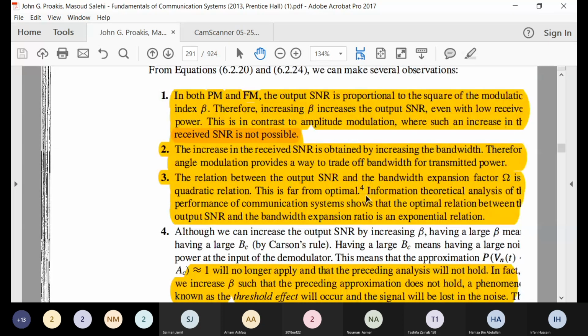Information theory tells us, from a theoretical perspective, that the optimal relationship has to be an exponential relationship. It should be exponential, then it will give us the best results. But we have a quadratic relationship, which is far from the optimal relationship.